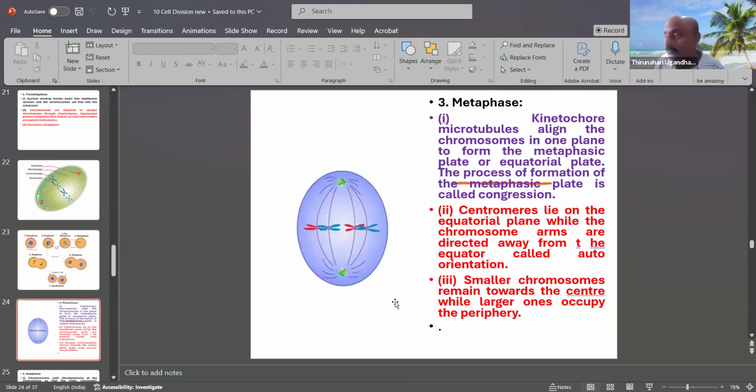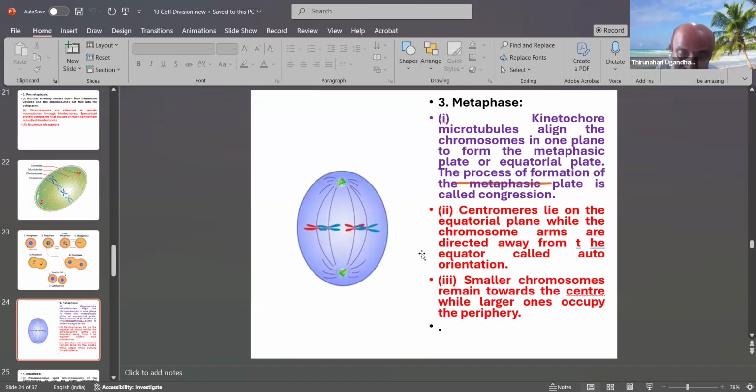But here is the third one. The first is prophase, then prometaphase, and metaphase. In metaphase, kinetochore microtubules align the chromosomes in one plane. Several microtubules are arranged from the south pole to the north pole.